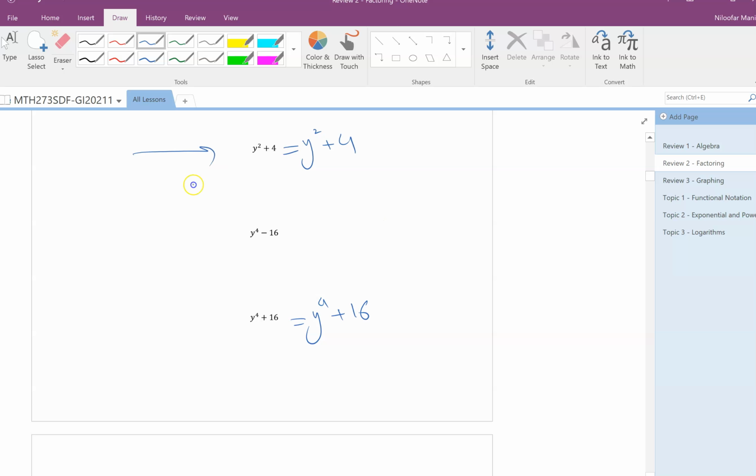For this one and this one, no, I cannot factor, but for this one, yes. It's y squared minus 4 multiplied by y squared plus 4, which is y minus 2, y plus 2, and y squared plus 4.